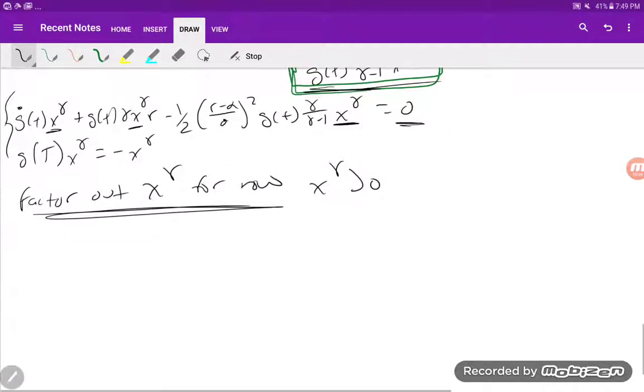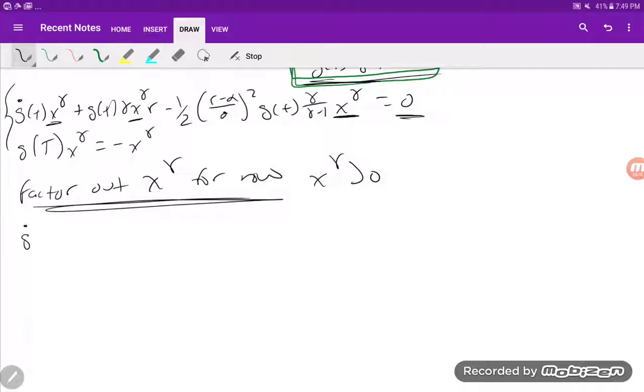Okay, so in doing that, we have g dot t plus g t gamma r minus 1/2 (r minus alpha over sigma) squared g t gamma over gamma minus 1 equals 0.